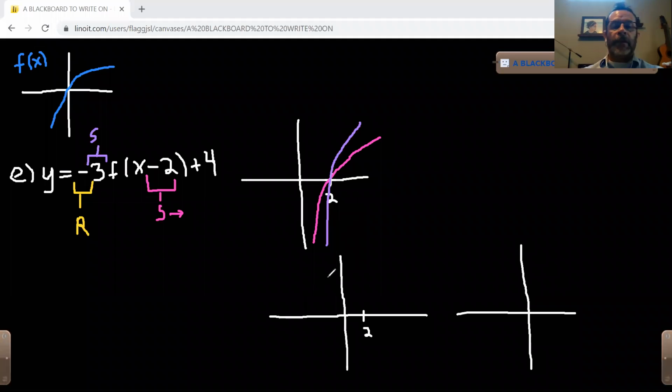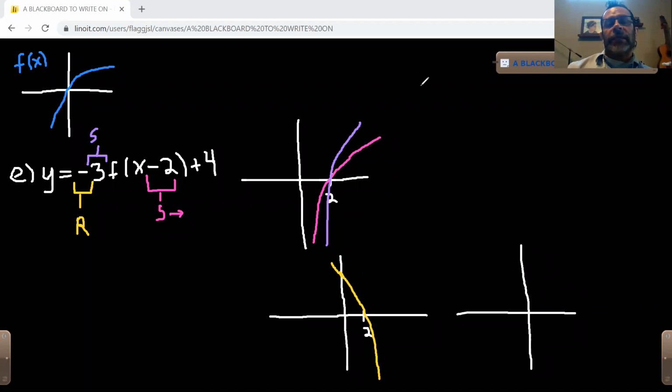Now we're going to have something like this going here. It's basically flipped. Eventually at some point it's going to be crossing the y-axis.